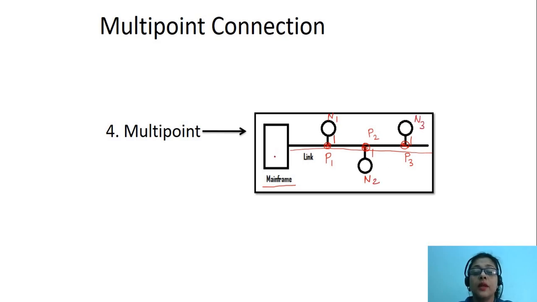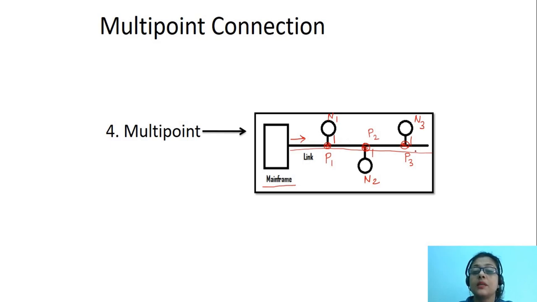So whenever the mainframe sends any data, it can be received by all the nodes that are connected to the mainframe. It goes to all the nodes, but it is almost like broadcast connection. But the only difference is that instead of directly getting connected to the central node, these nodes are connected to the central node with the help of a bus.